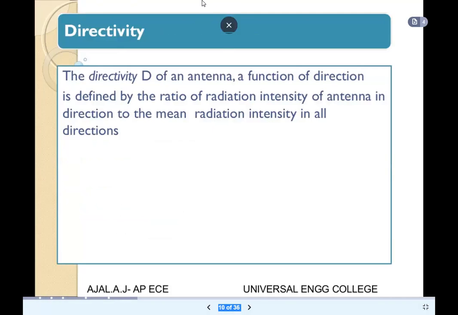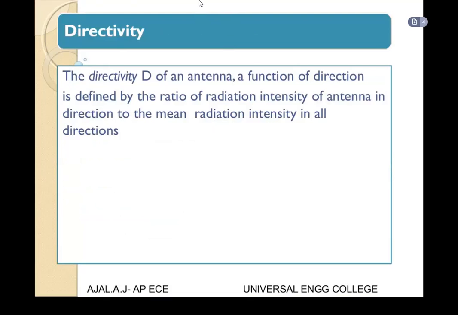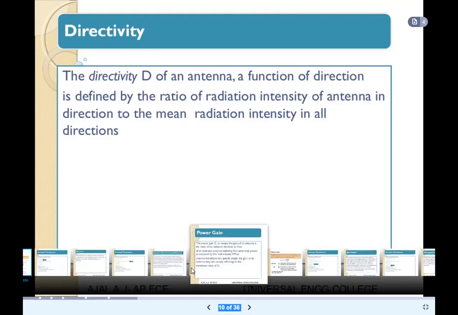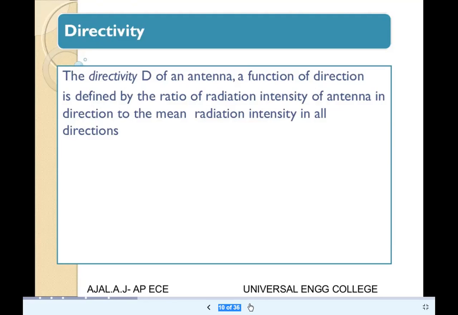This is nothing but the definition of directivity.